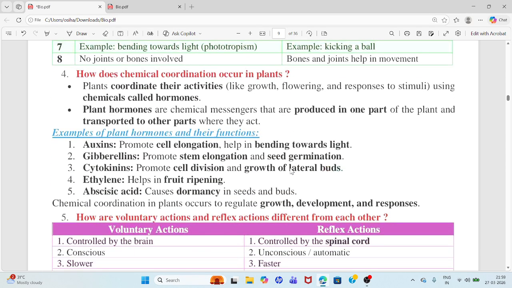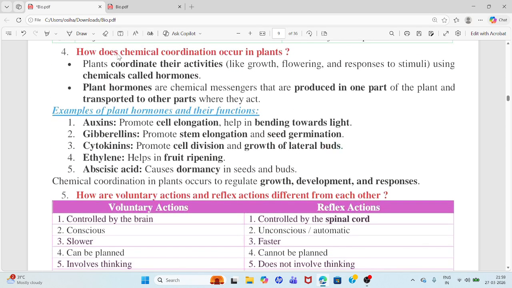So learn this properly. Fourth question. How does chemical coordination occur in plants? Plants coordinate their activities like growth, flowering, and responses to stimuli using chemicals called hormones.